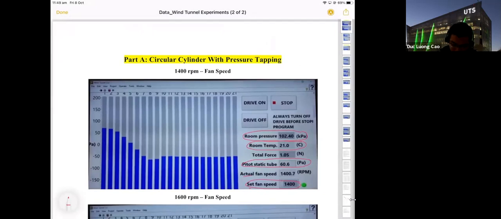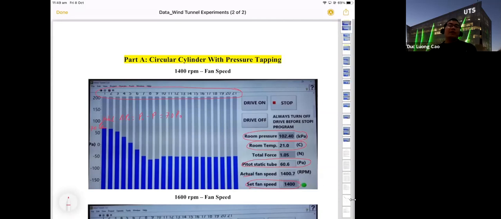So we have the pressure at the 21 holes, which you see on the left-hand side of the screen. You will see the 21 blue columns. For example, column 1 is hole 1. For hole 1, you have around, for example, 70 Pascal. It means delta P1 equals P1 minus free stream pressure, equal to 70 Pascal.